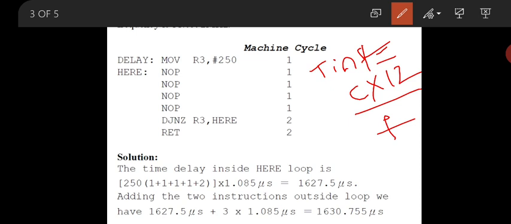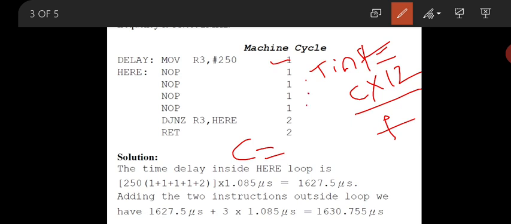R3 will be loaded with 250, and that is one machine cycle. NOP, we know, is one machine cycle. Again NOP is one machine cycle. This is like no operation, nothing to do; if I want to increase my time delay, we use NOP. Now I have to calculate C. It is 1 plus 1, that is 1, 1, 1, 3, 4, 5.